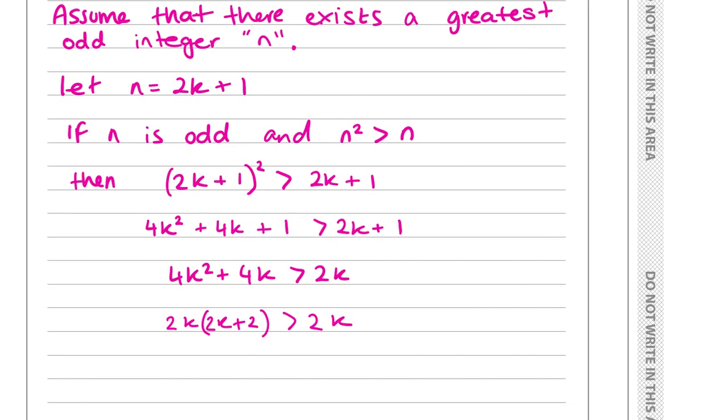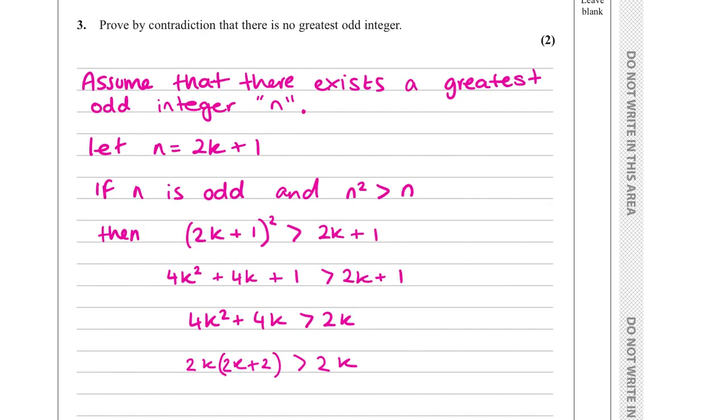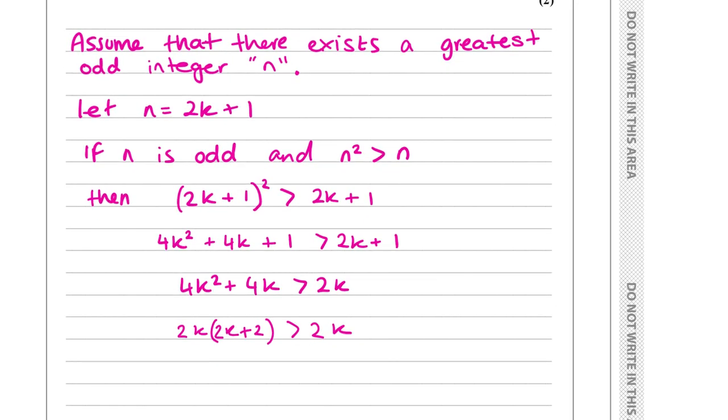Do you remember when we did this in Pure 2? We had to show it was greater than. So we've already said there exists an odd number. We now know that these two multiplied together is always going to be greater than 2k. Why?